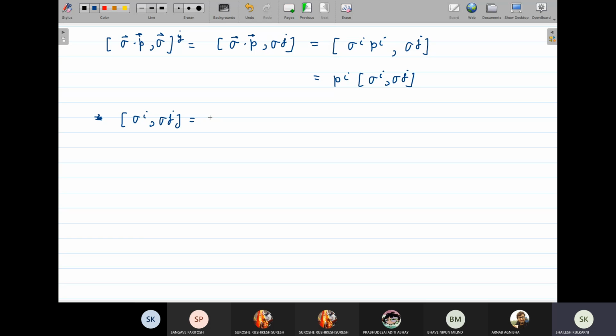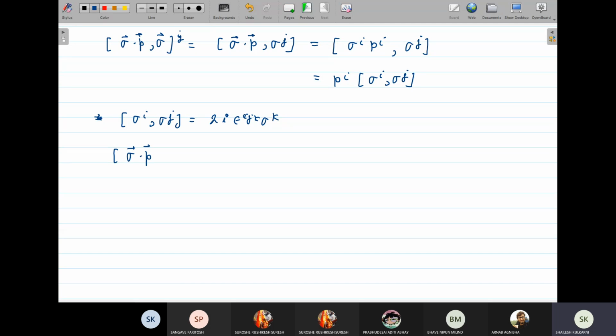2i. Okay, so it will be this sigma i commutation relation: 2i epsilon ijk sigma k, right? So this I will substitute here. So what will I get?